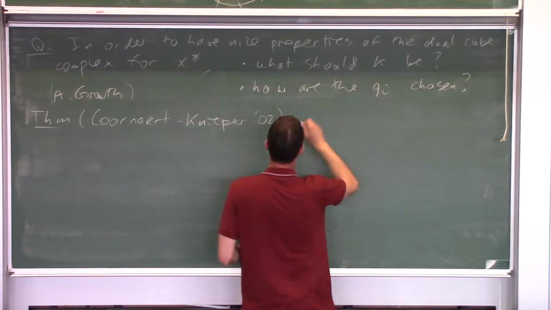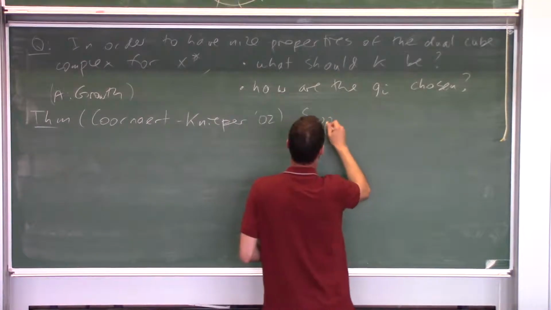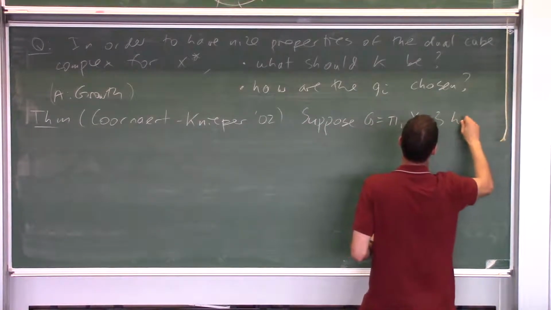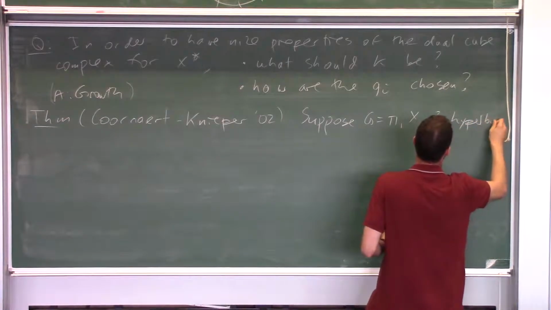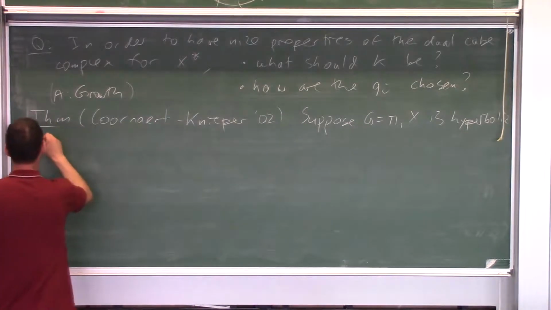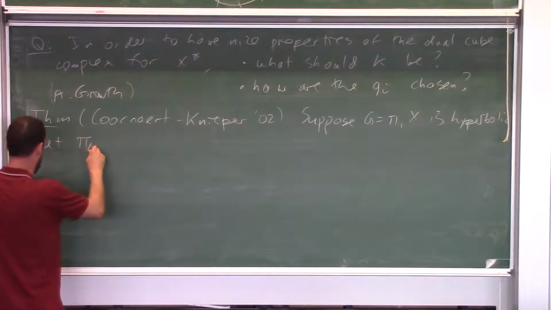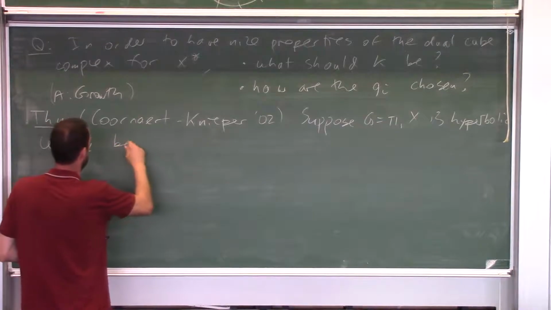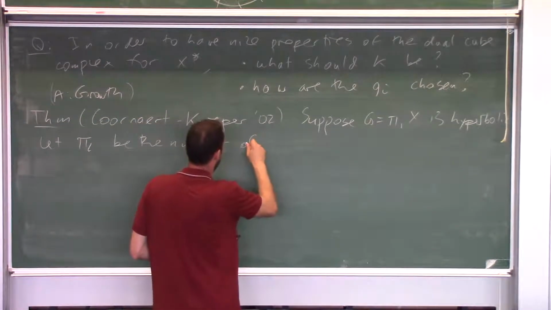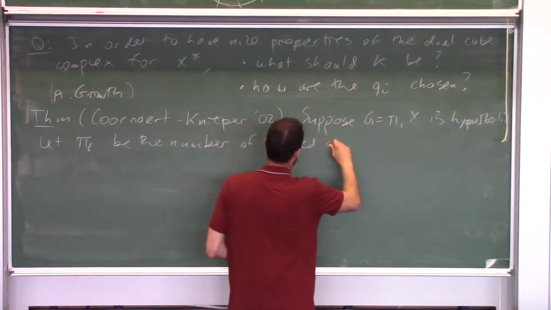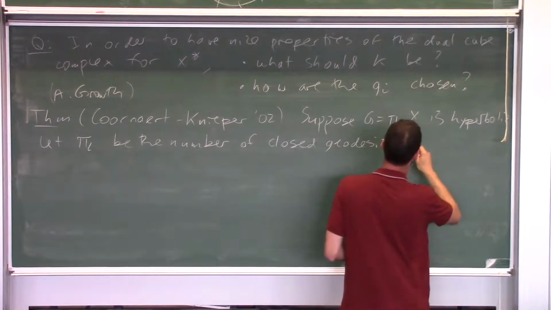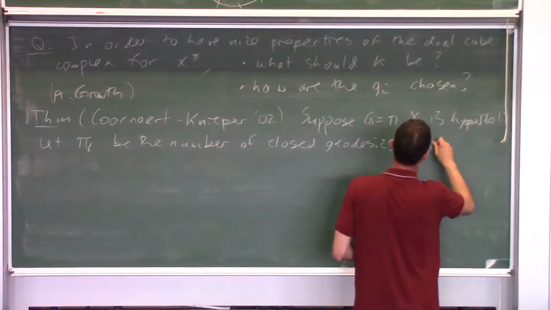It says that if you have a hyperbolic group, hyperbolic X is really any space, let N(L) be the number of closed geodesics of length at most L. As before, these are equivalent to conjugacy classes.